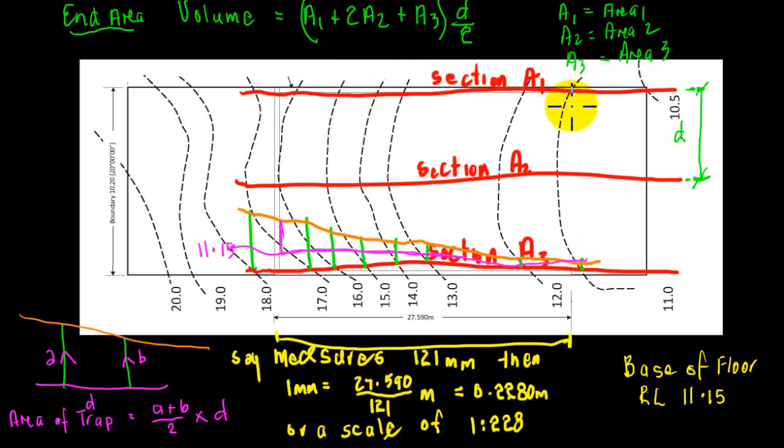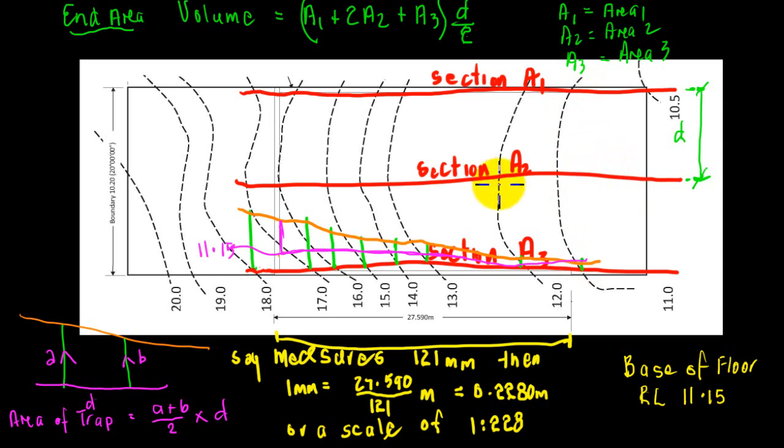Now the base of the floor, and then we'll pour the floor on top of that, is at RL 11.15, which you can see here's the 11 meter contour. It's going to be pretty close to ground level, or maybe a little bit of fill in front of it. So what we want to do is work out a volume.